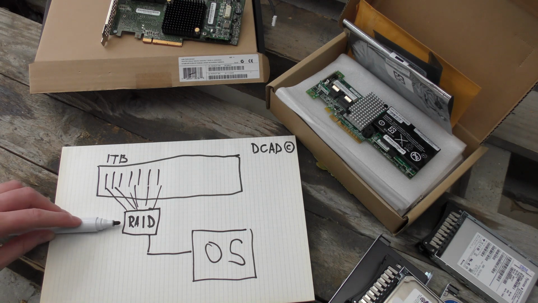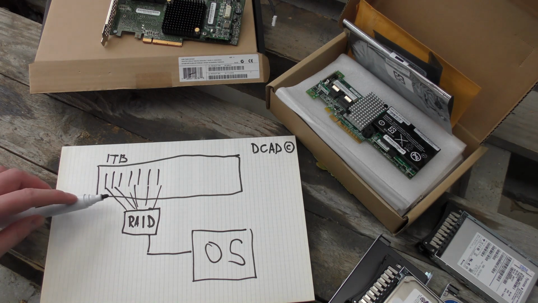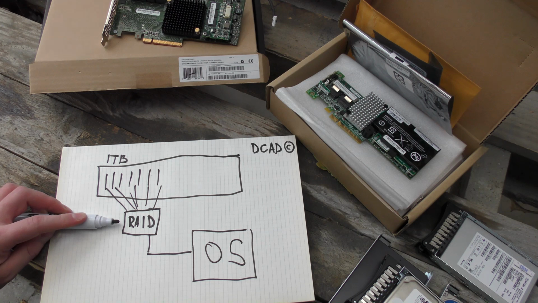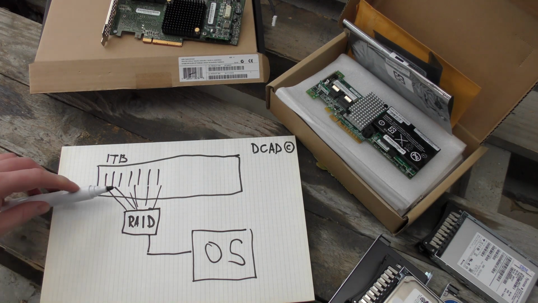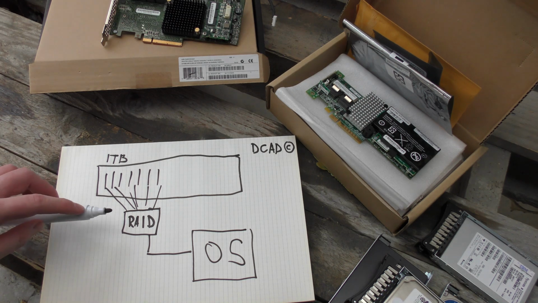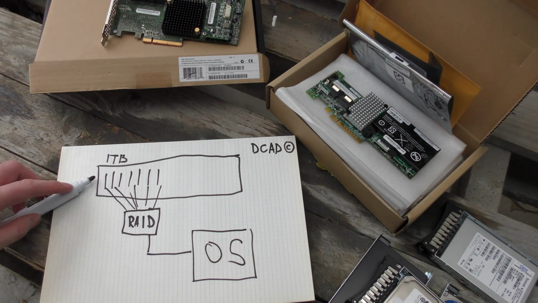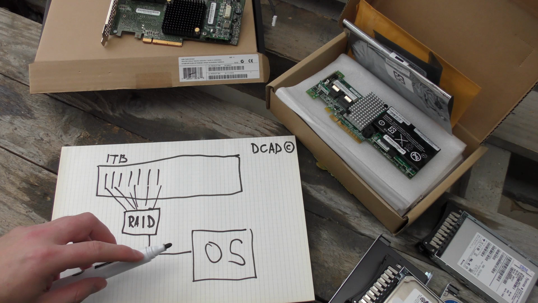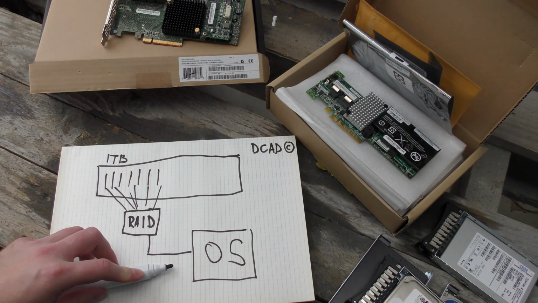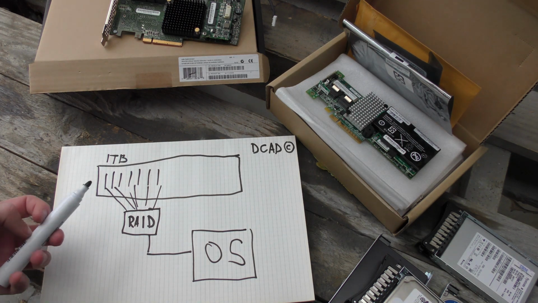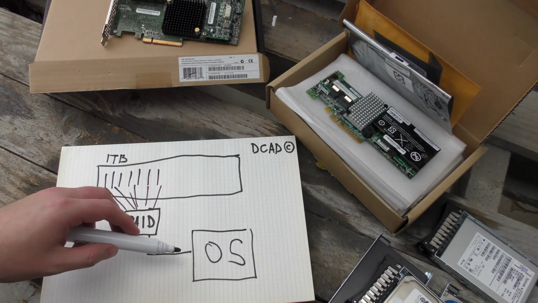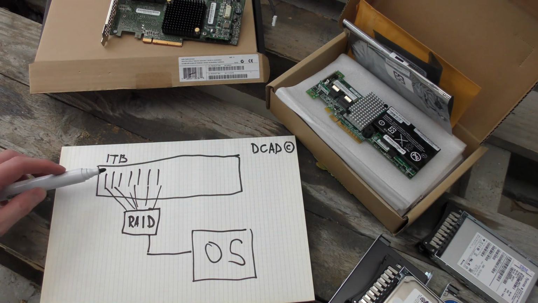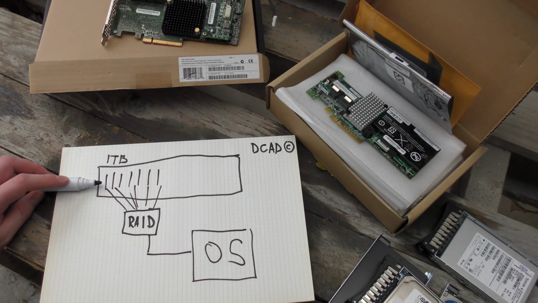If we tell the RAID controller we want these 6 drives to be a RAID 5, then it will present 5 terabytes over here. If we say that the RAID controller should present these drives as a RAID 0, it will present 6 terabytes over here. If, well, mirror RAID 1, 3 terabytes over here. But the operating system is not in direct contact with the disks over here.